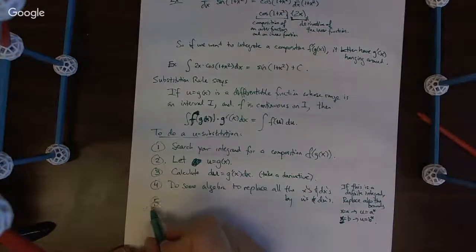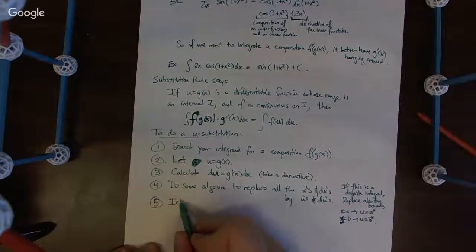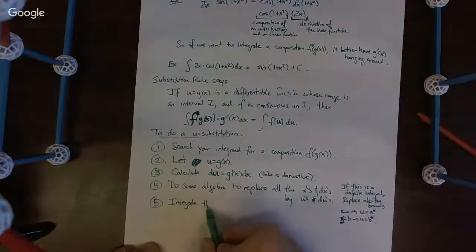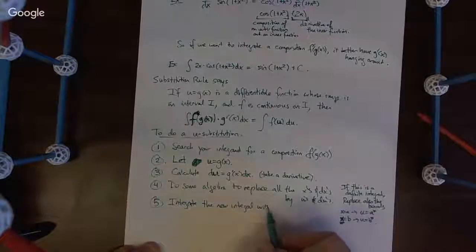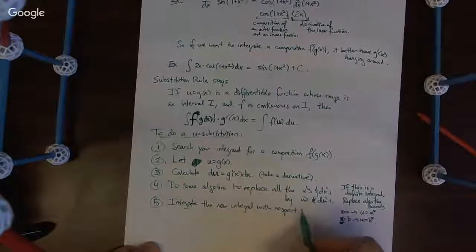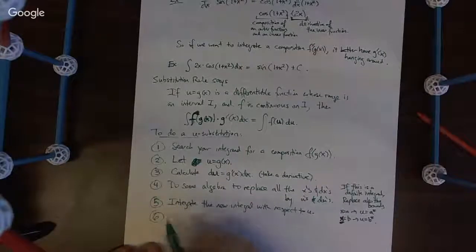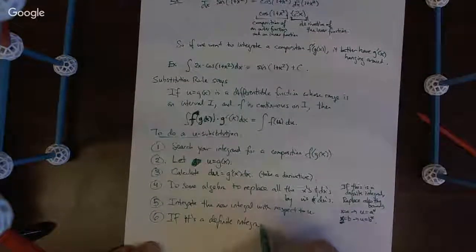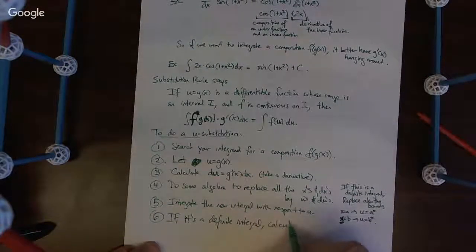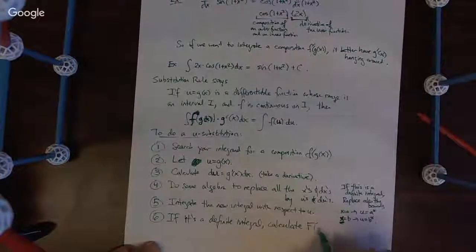Number 5, we have an integral in terms of u, so integrate the new integral with respect to u. And number 6, if it's a definite integral, calculate F of b star minus F of a star.